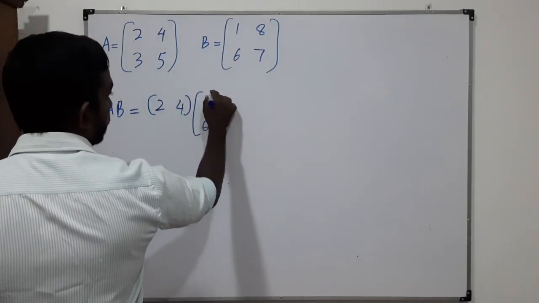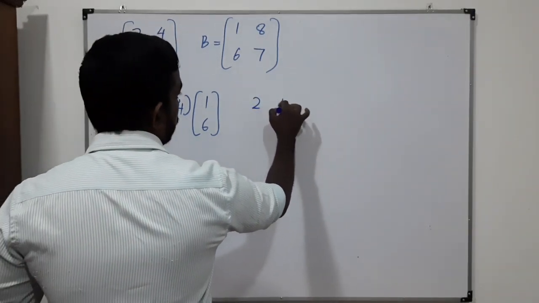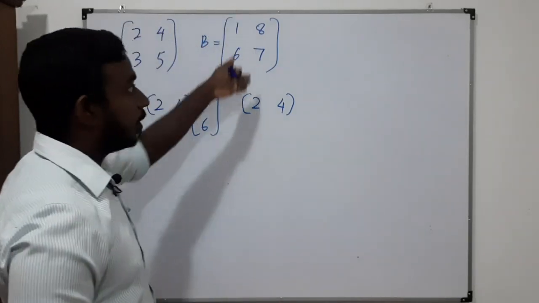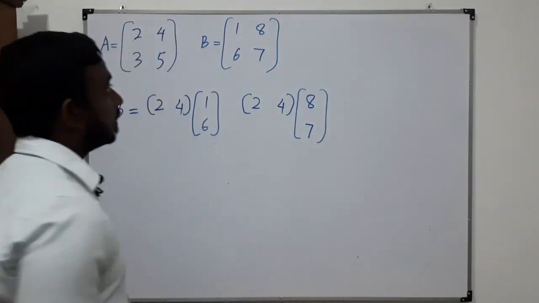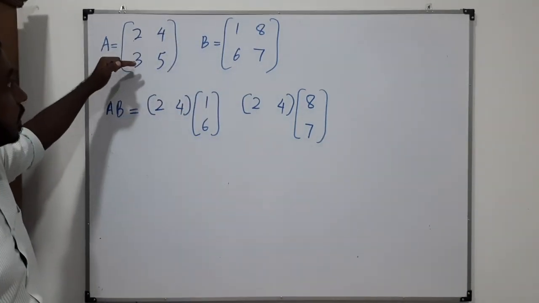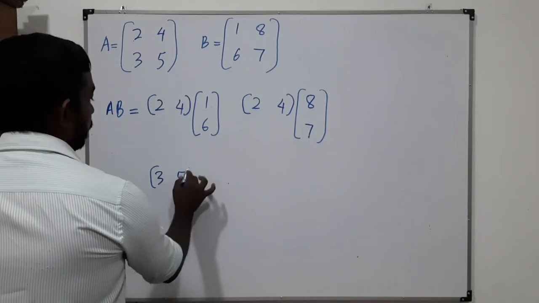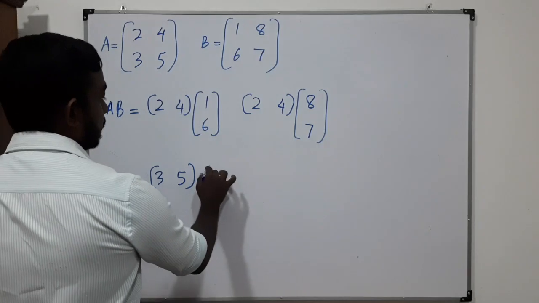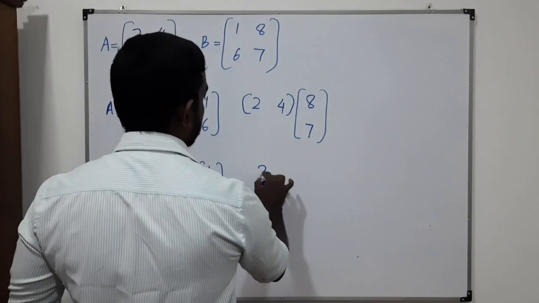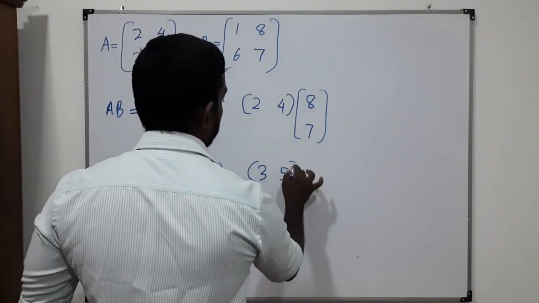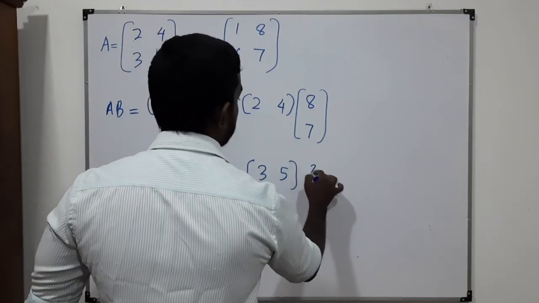Then again the first row 2, 4 with the second column 8, 7. Then the next row will be 3, 5 with the first column 1, 6. Then again 3, 5 with 8, 7.